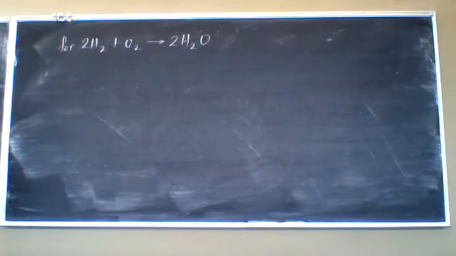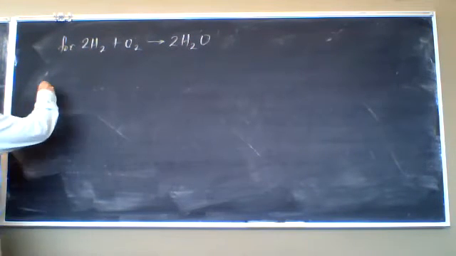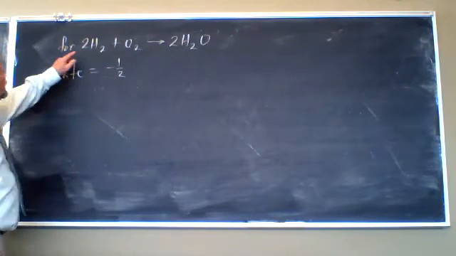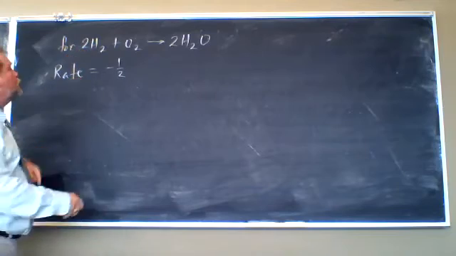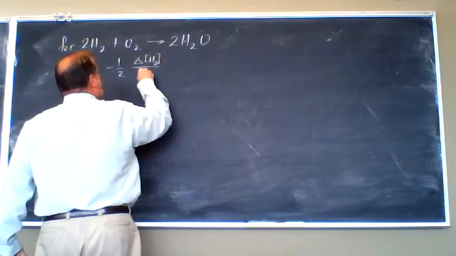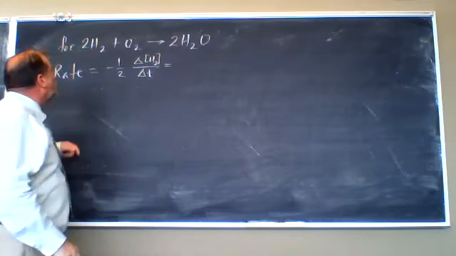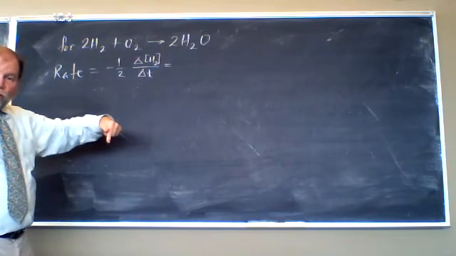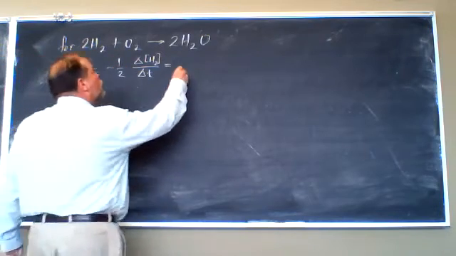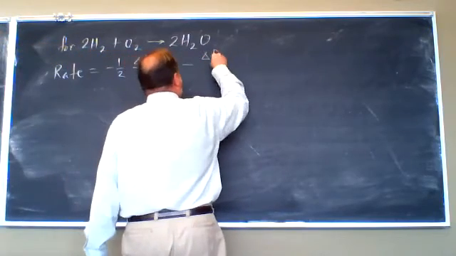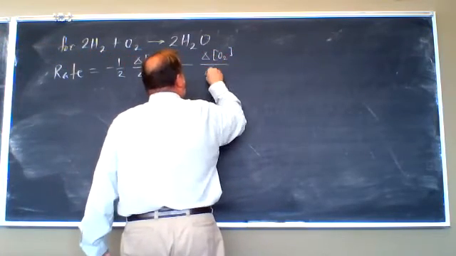To write the rate expression for this actual chemical reaction, negative 1/2 times the change in concentration of H2 with time. Here, 1 in front of the oxygen, 1 divided by 1 is just 1, so negative change in the concentration of O2 with time.